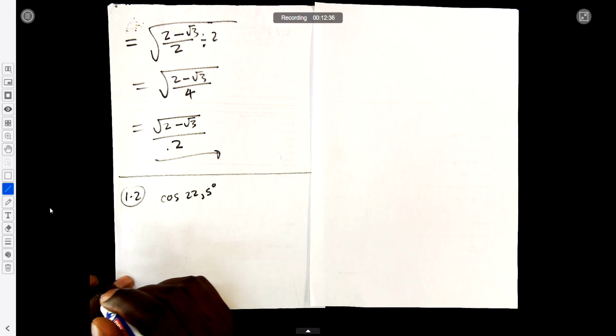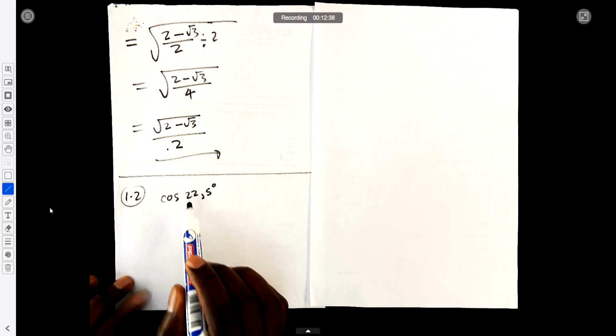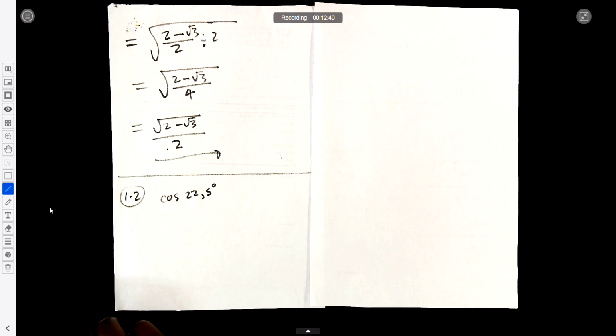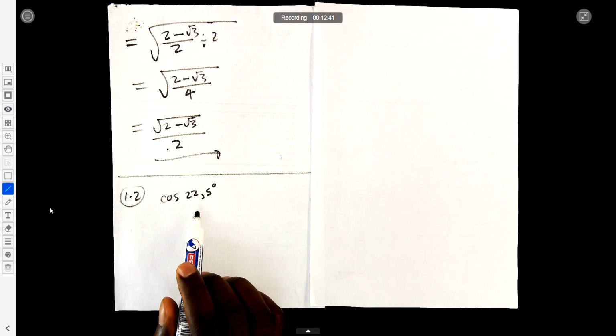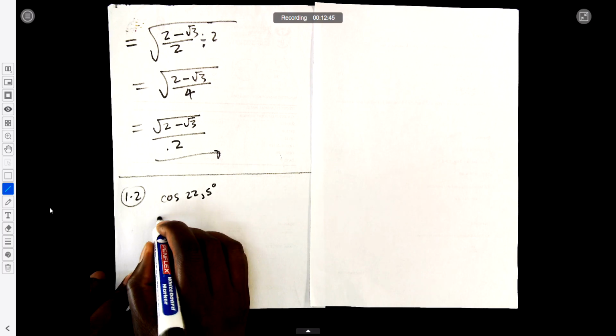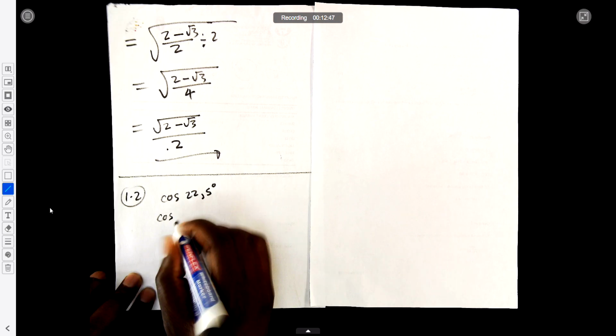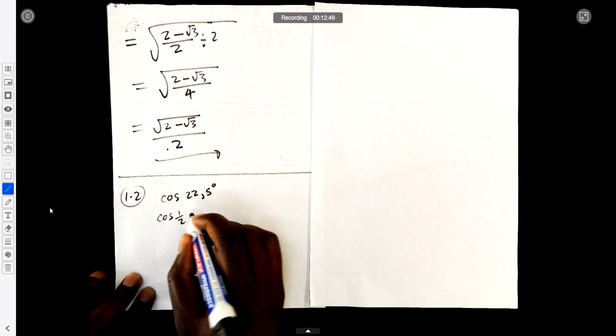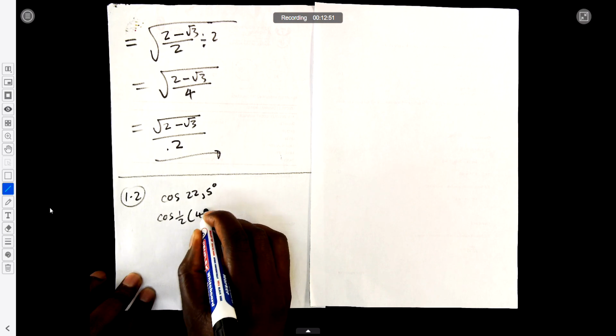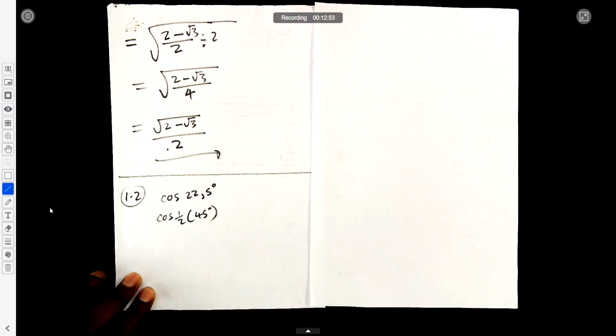So again, you ask the question, which special angle can we divide to get 22.5? So it is 45 degrees, isn't it? So it's 45 degrees that we can divide by 2 and get 22.5 degrees.